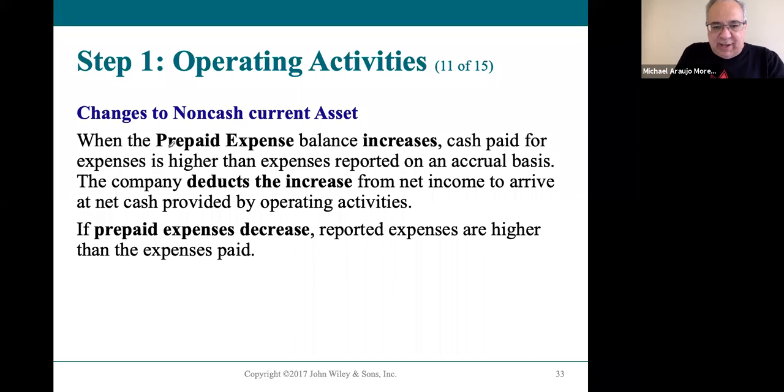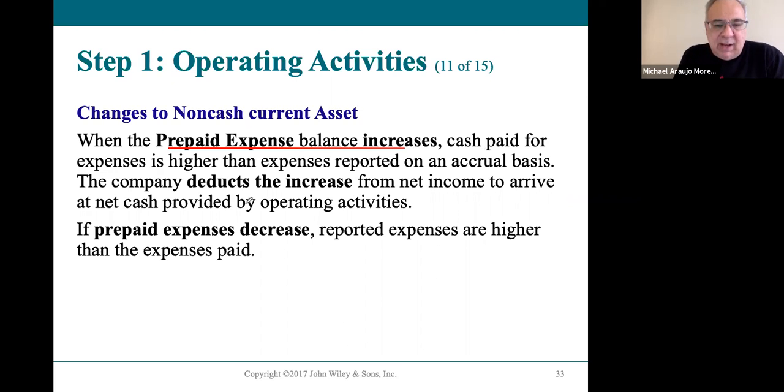Here we also have prepaid expenses. Remember, with prepaid expenses, we buy, say, insurance or supplies. They're assets, but as soon as we use them, we expense them. So basically speaking, if you paid cash for expenses, you need to deduct the increase.